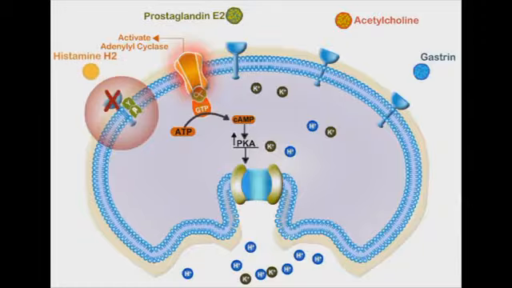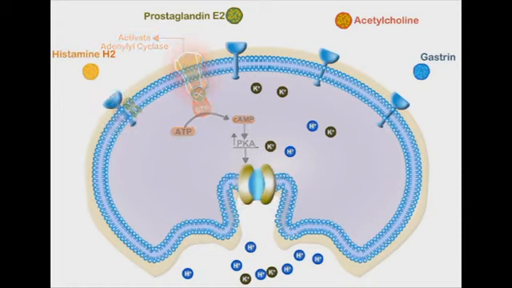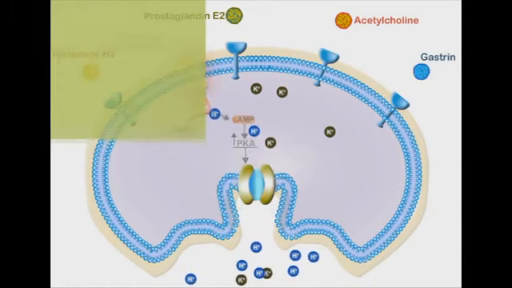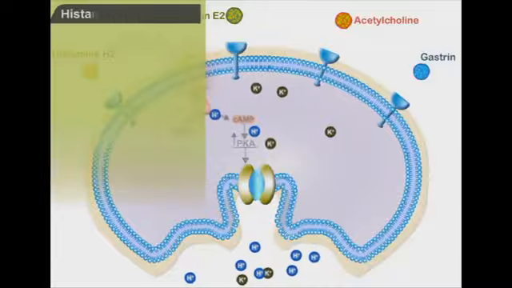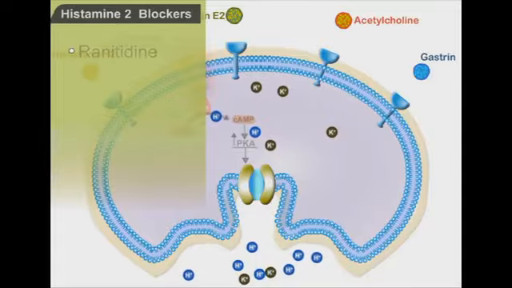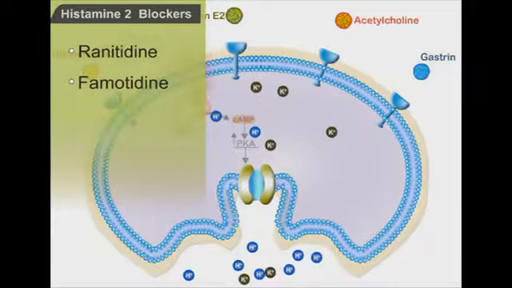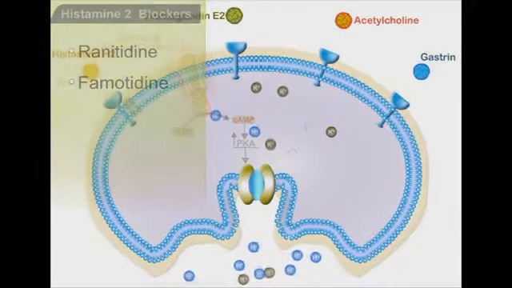As expected, blocking of histamine 2 receptors will reduce proton pump activity and acid secretion. Histamine 2 blockers include ranitidine and famotidine.